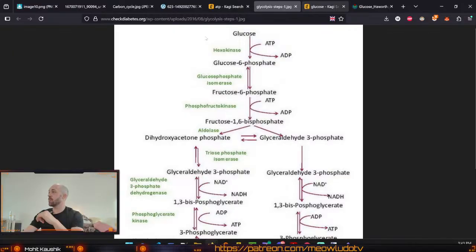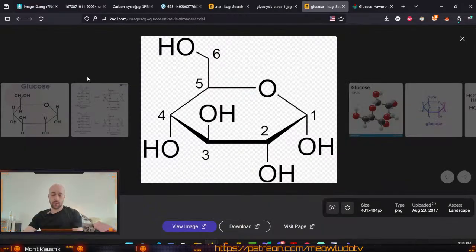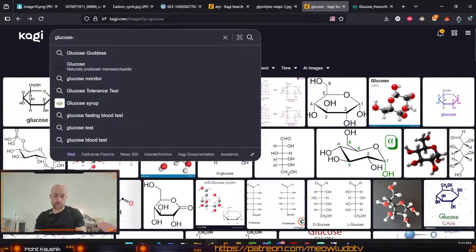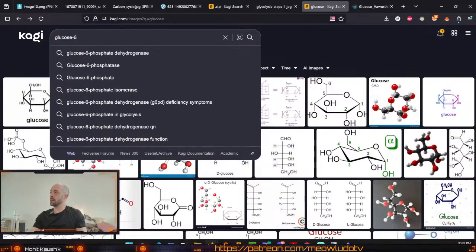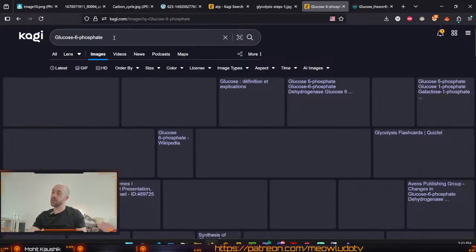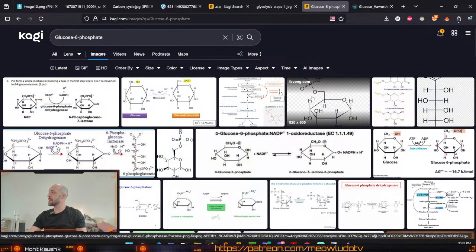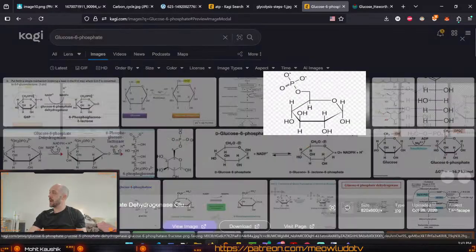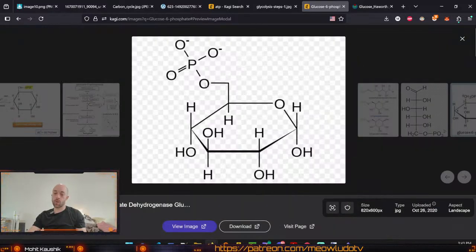So let's just have a look at what this looks like. If we just exit here, glucose 6-phosphate. Okay. So we can think glucose 6-phosphate, we're going to be modifying something on the number 6 group. So if you remember, there was an alcohol group here.